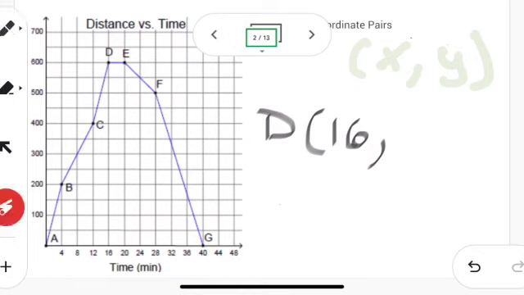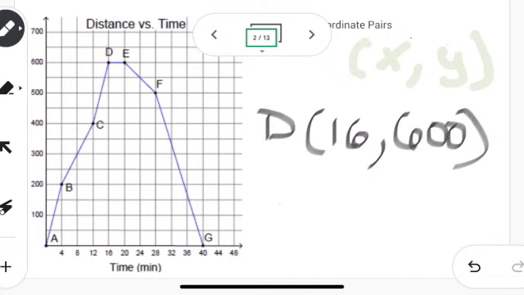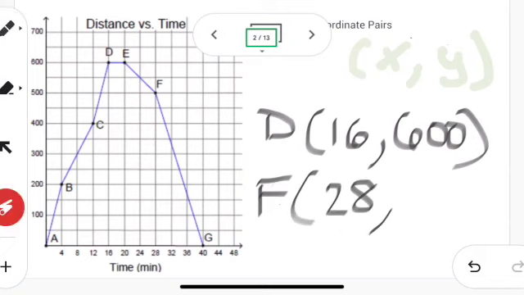And then I would look over, and so my Y value would be 600. And then we'll skip E, let's try F. If I look down at my X, it would be 28. And my Y would be 500.